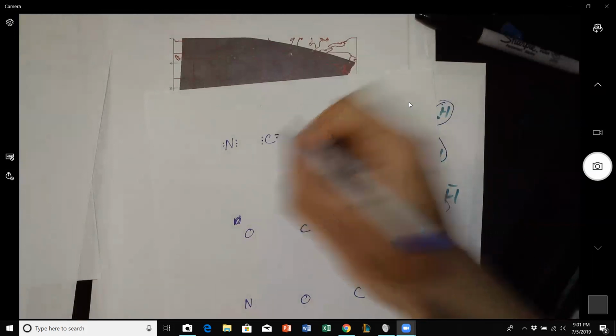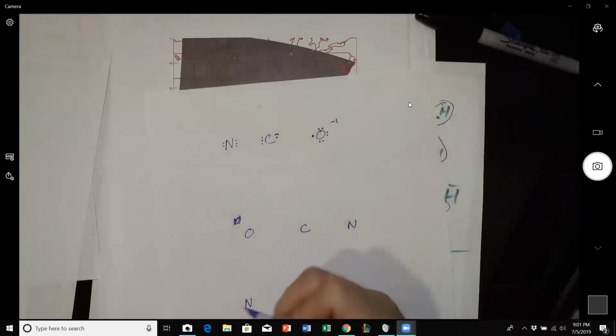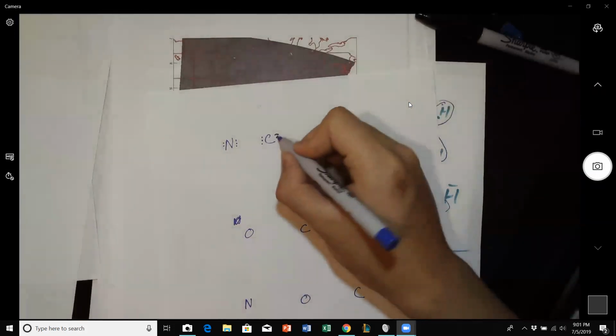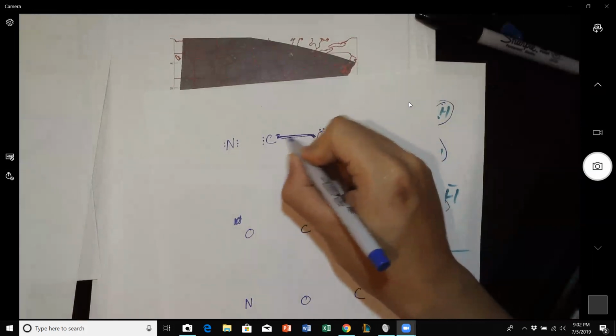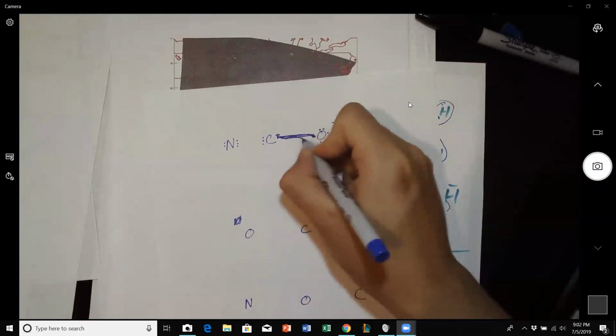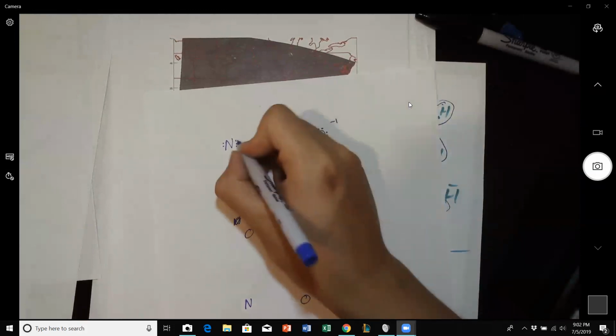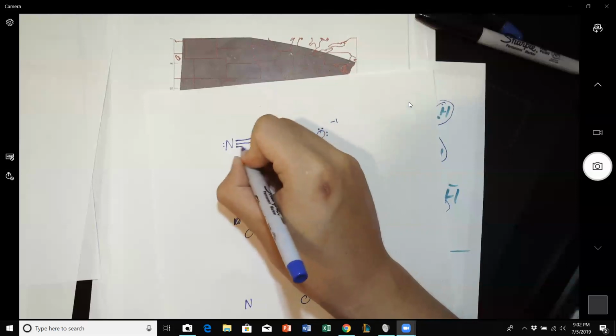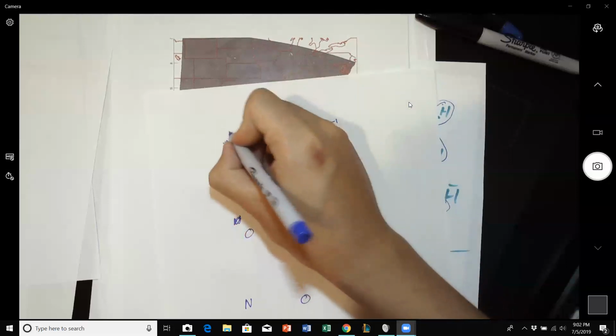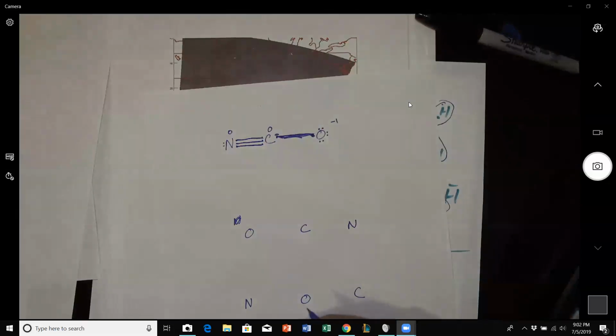So let's draw our, okay, so our oxygen has a -1 formal charge. So we can draw a single bond between the carbon and oxygen, and a triple bond here. And these have 0 formal charges. Right?